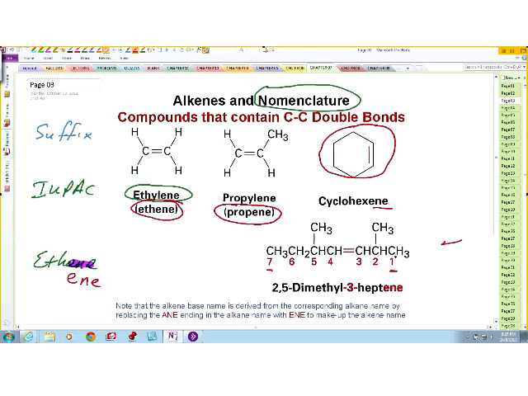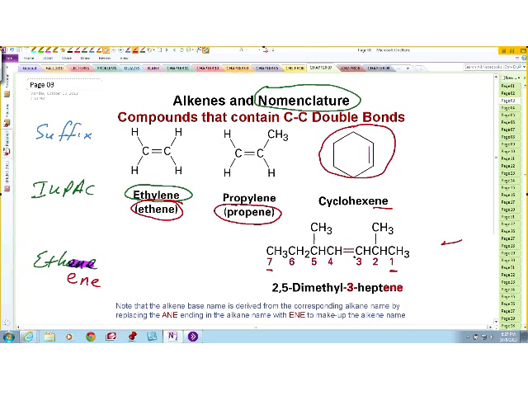Okay? So in this case, we start to number from this side, 1, 2, 3. And you can see also here, when you then give the name, you indicate the position of the double bond by the first carbon-carbon double bond carbon. Okay, right here. So we are going to indicate that the double bond is on carbon number 3.